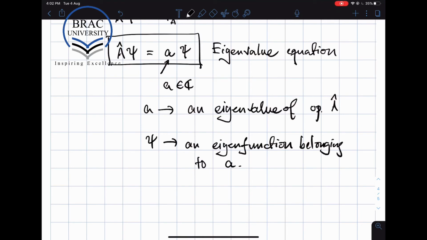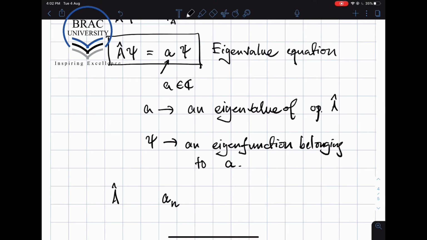So suppose that we have a spectrum of eigenvalues of A. So we have a bunch of eigenvalues which I will label by some integer n, and it could be a continuous label as well.